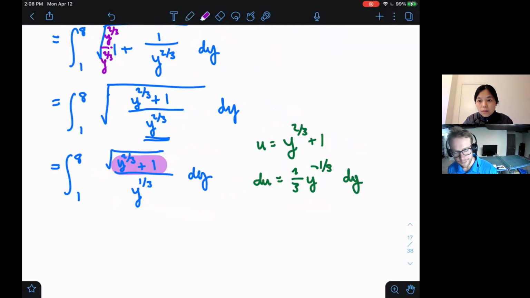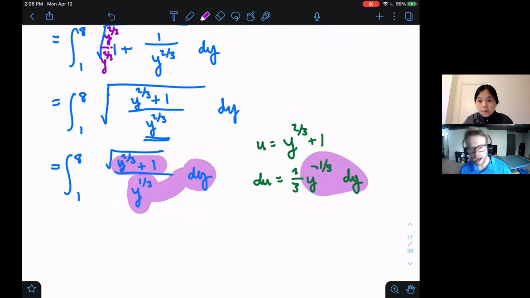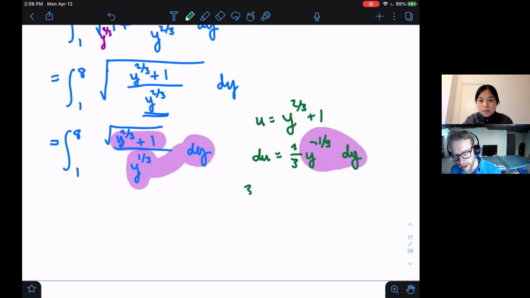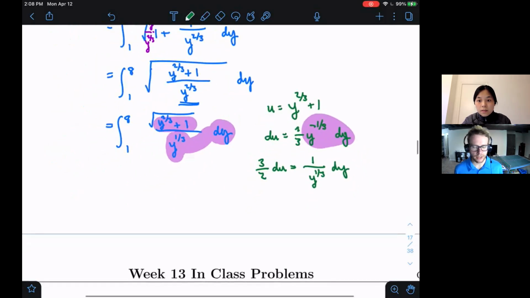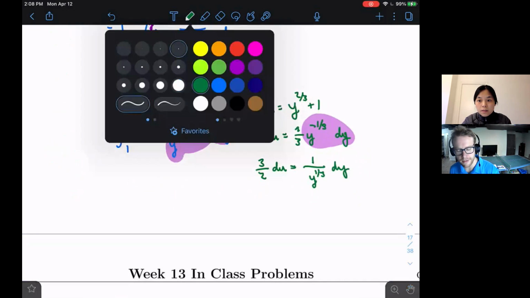And so like I said, all of this right here, the y to the negative 1/3 power, remember that secretly means it's in the denominator there, along with the dy there, right? All of this together is going to make du, or I guess I could rewrite this and it's going to really make 3/2 du, right? So I'm going to put my constant on the other side. And again, all of this stuff here is exactly what I have. So now let's go ahead and plug these things in.